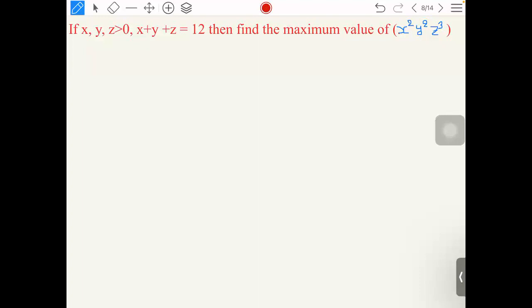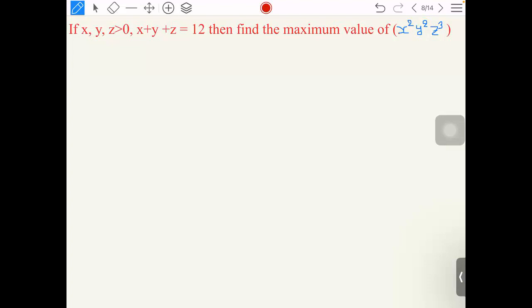Try to answer. Here you have to think how to get x square, how to get y square, how to get z.